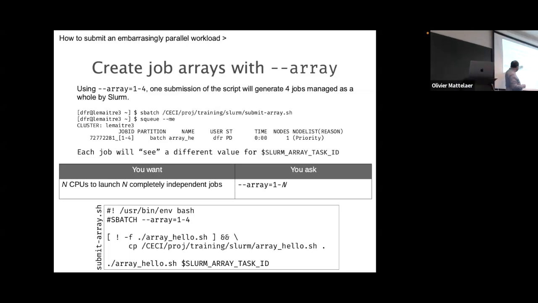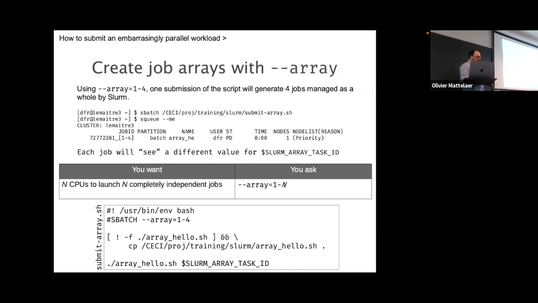So here with sbatch and this submission script that has this --array=1-4, when I submit it, you see that squeue will tell me that I have this job ID, and there is a range here saying that actually this job is made of 4 independent jobs that will be scheduled independently, and in them the SLURM_ARRAY_TASK_ID variable will be defined with different values.